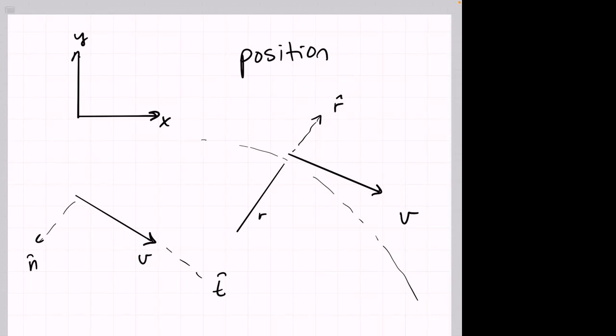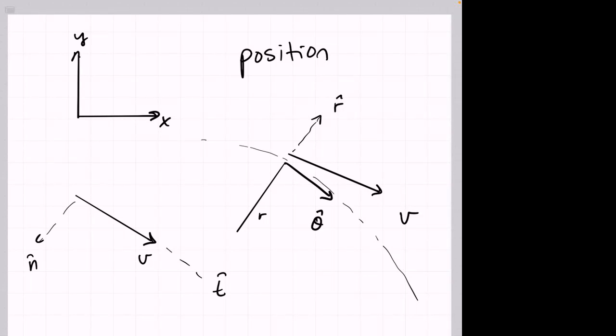And theta hat is going to be perpendicular to r, which is great.